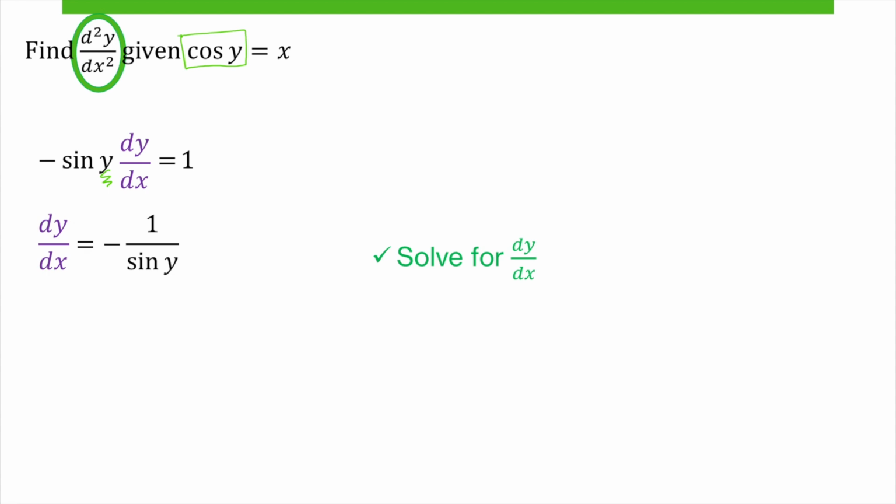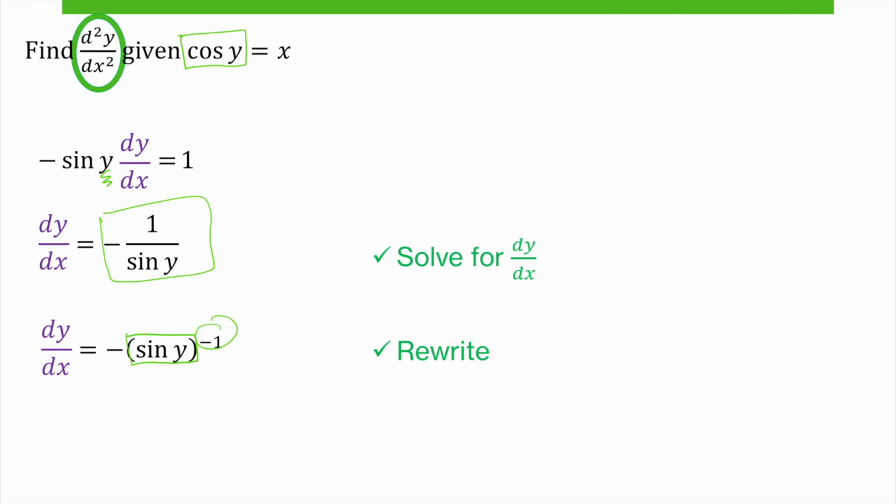So dy dx equals 1 over negative sine y. We need to take another derivative here, and I don't really feel like using the quotient rule, so I'm going to rewrite this as negative sine y to the negative 1. I have another composite function here. Got this outside, something to the negative 1, and then the inside of sine y, and then the inside of just y.